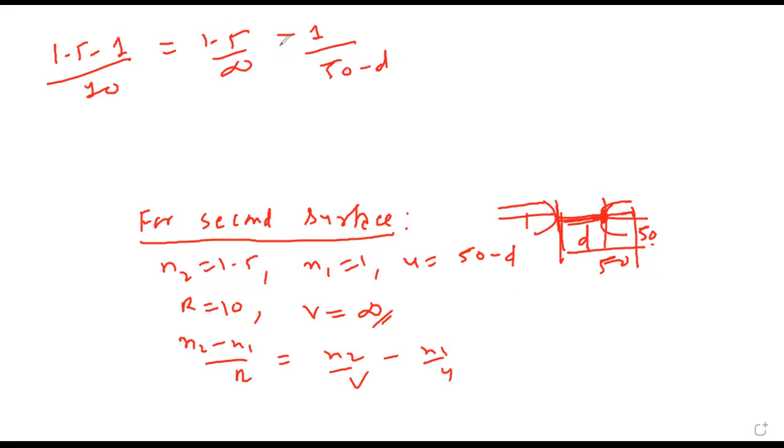So this will become 0. 0.5 upon 10 equals 0 minus 1 upon 50 minus d. That will become 1 upon 20 equals 1 upon 50 minus d.